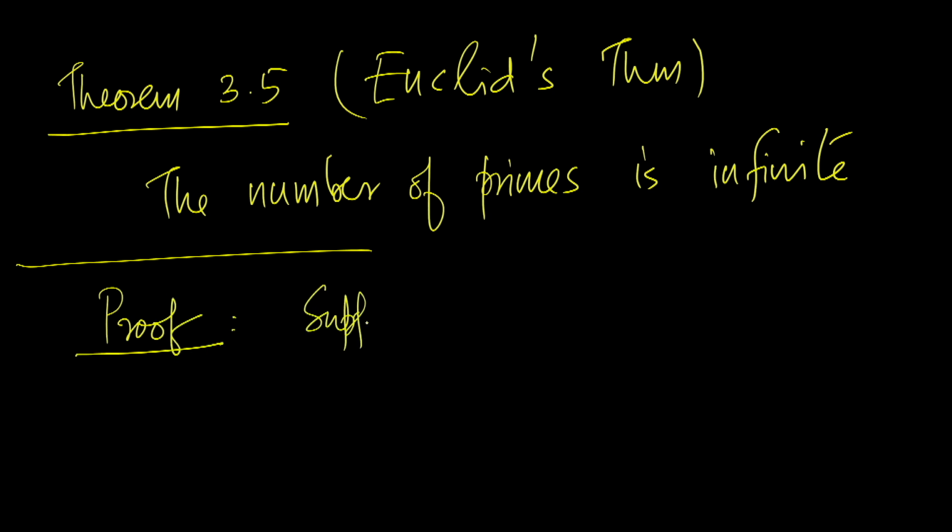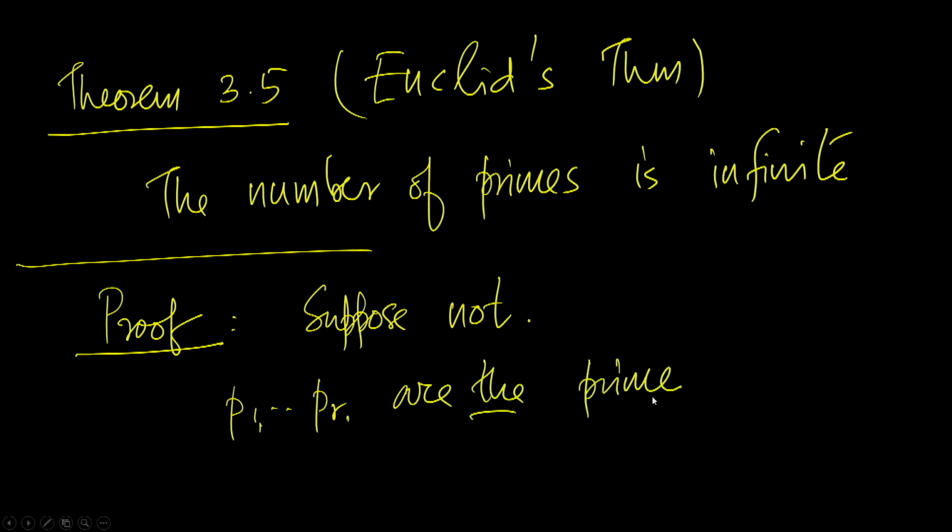Suppose not. Suppose the number of primes is finite, in which case let us say P1 through Pr are the primes. So, there are only r primes, and when they are listed in increasing order, they are P1 through Pr. So, Pr is the largest prime, let us say. So, let us consider integer n, which is the product P1 through Pr plus 1.